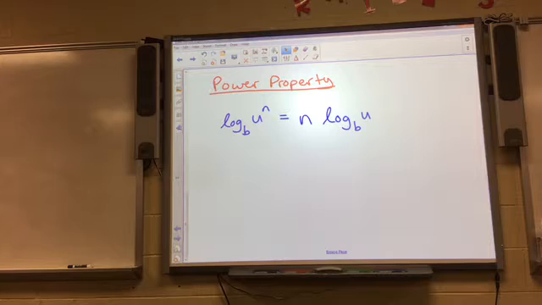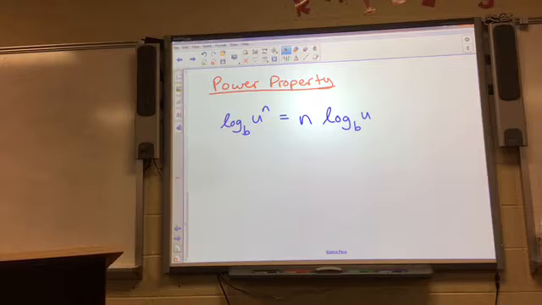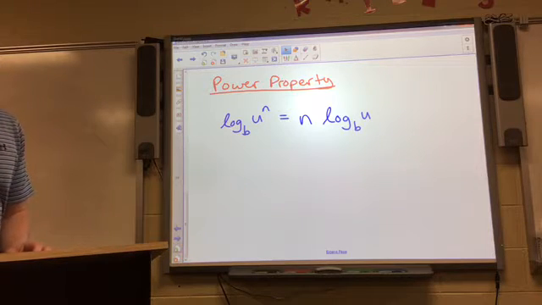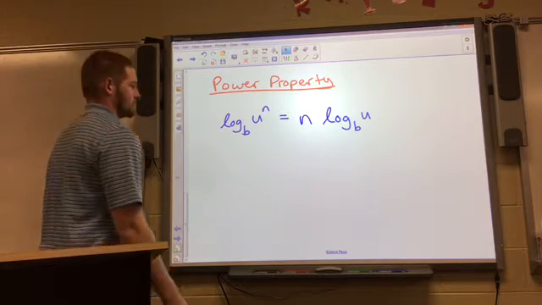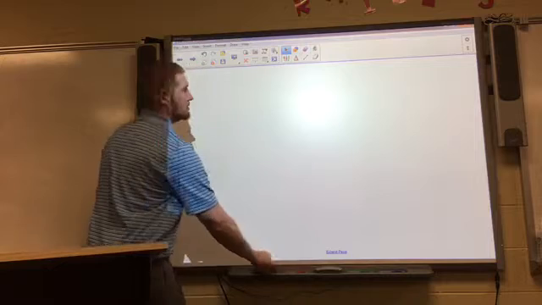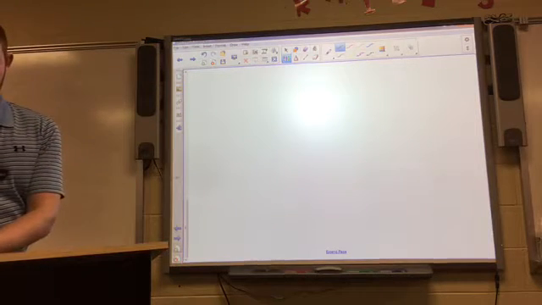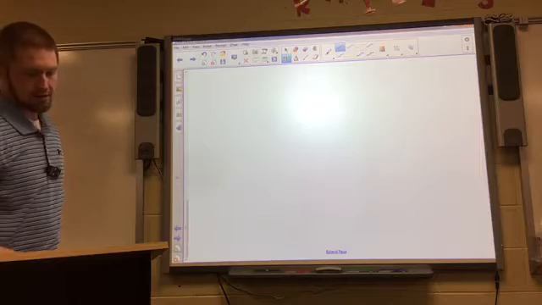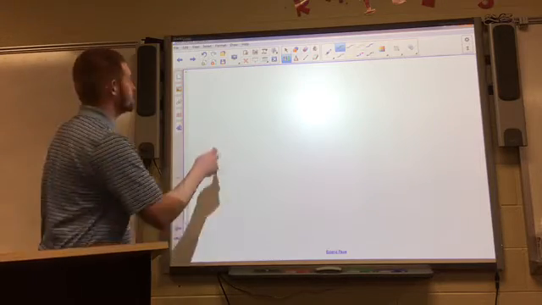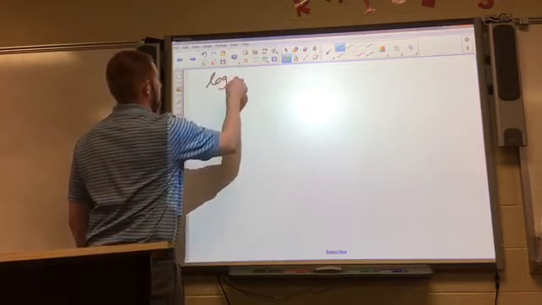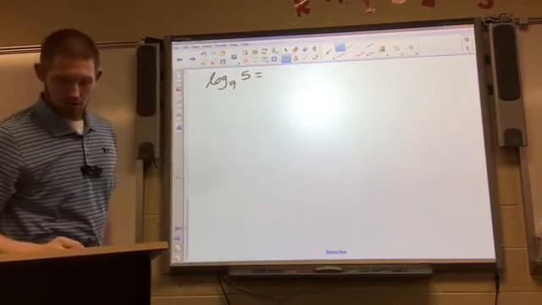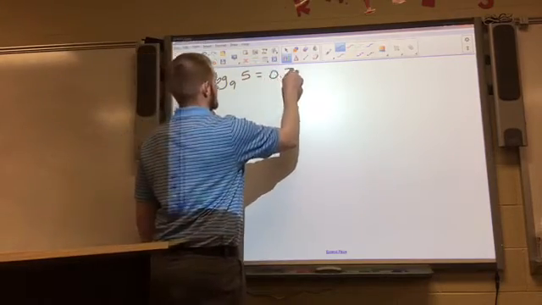Okay, before I do the examples out of example 1, I want to look at a couple different things. Actually, let's do those ones first. I'm not going to do the problems that you have, but they tell me that log base 9 of 5 equals 0.732.